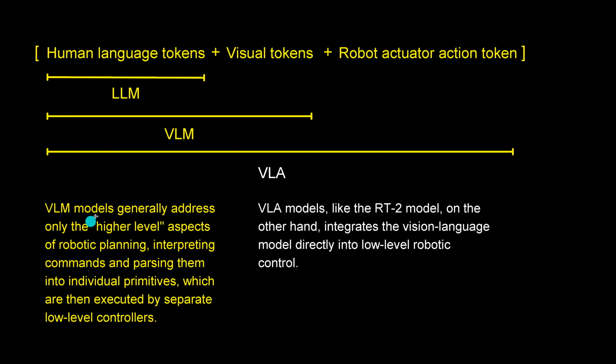Now, in stark contrast, a VLA model, like our RT-2 model, integrates the Vision-Language Model directly into the low-level robotic control. We have a closed loop of images that are taken, let's say, at about 3 Hertz.